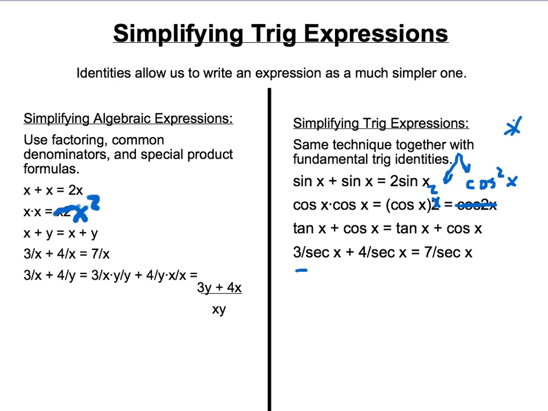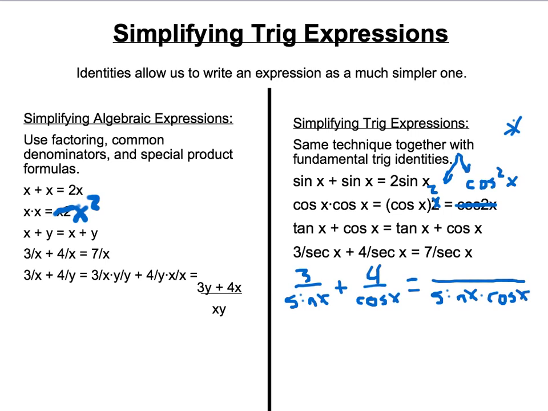If I have 3 over the sine of x plus 4 over the cosine of x, I could add those together. I would need a common denominator of sine of x times cosine of x.